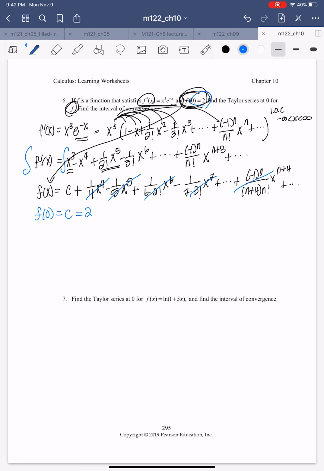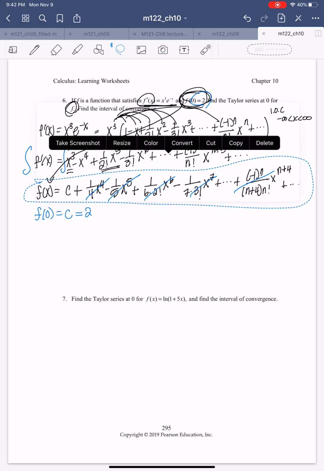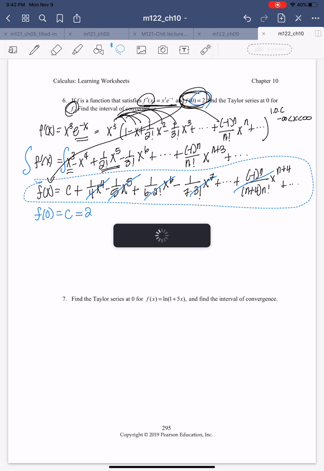So I really have everything repeated here plus 2.